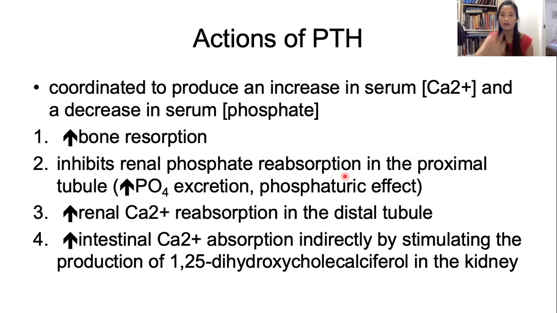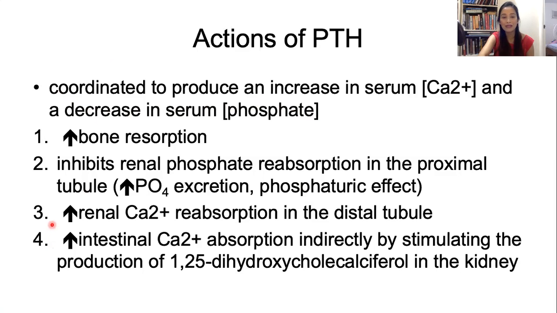So if you think of it the opposite way, PTH actually promotes phosphate excretion. Therefore, it has a phosphaturic effect. It tries to excrete phosphate in your kidneys and prevents phosphate from being reabsorbed. So if phosphate is not reabsorbed and is excreted into the urine, there will be a resultant decrease in serum phosphate.